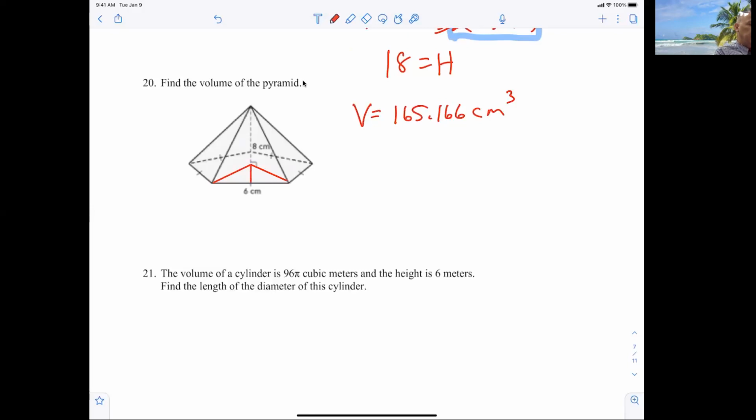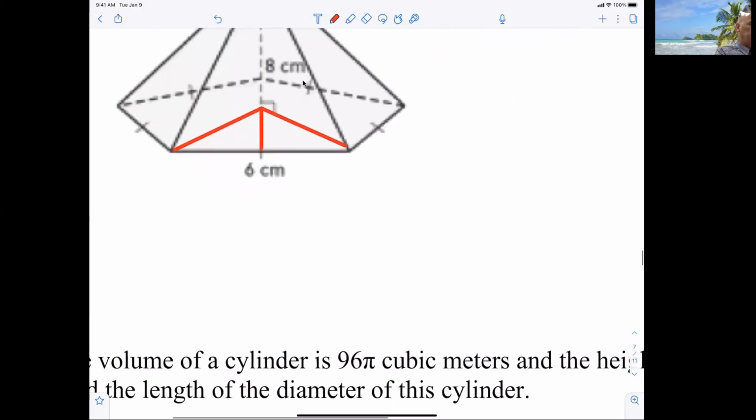All right. So we know that 360 divided by 5, and then 72 divided by 2. So if I'm blowing this up, this angle right here is 36 degrees. Do you agree with that? And then this is 3. So we need the height. So what trig function?